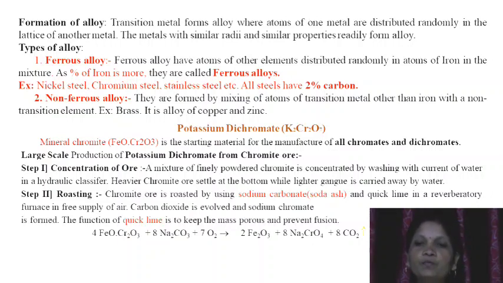The function of quicklime is to keep the mass porous and prevent fusion. So the reaction here is 4 FeO·Cr2O3 plus 8 Na2CO3 plus 7 O2 gives 2 Fe2O3 plus 8 Na2CrO4 plus 8 CO2 gas evolved.